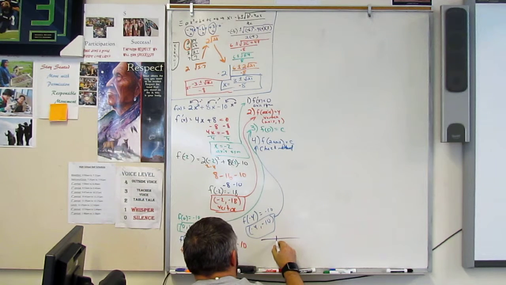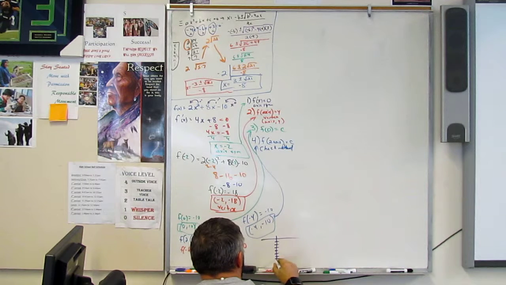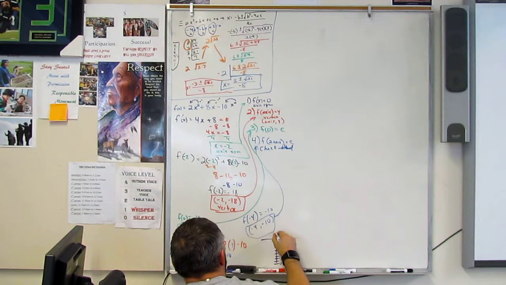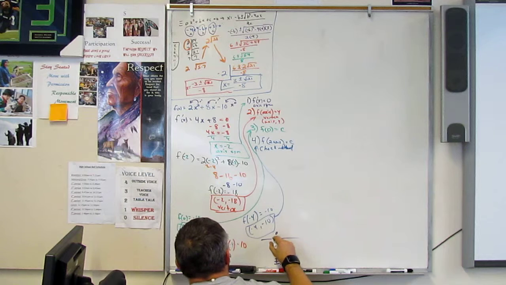And so now I've got 2, 4, 6, 8, 10, 12, 14, 16, 18. Okay? 2, 4, 6, 8, 10. And then 0, and then 1, 2, 3, 4. So negative 2, negative 4.